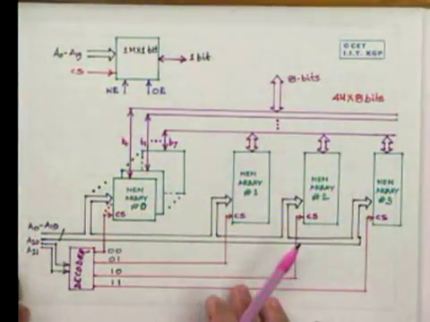Naturally, you can see that today's computers have several megabytes of main memory, and therefore some such organization has to be adopted to realize it. This is an example organization, just to tell you how from lower order memory chips you can make higher order main memory.